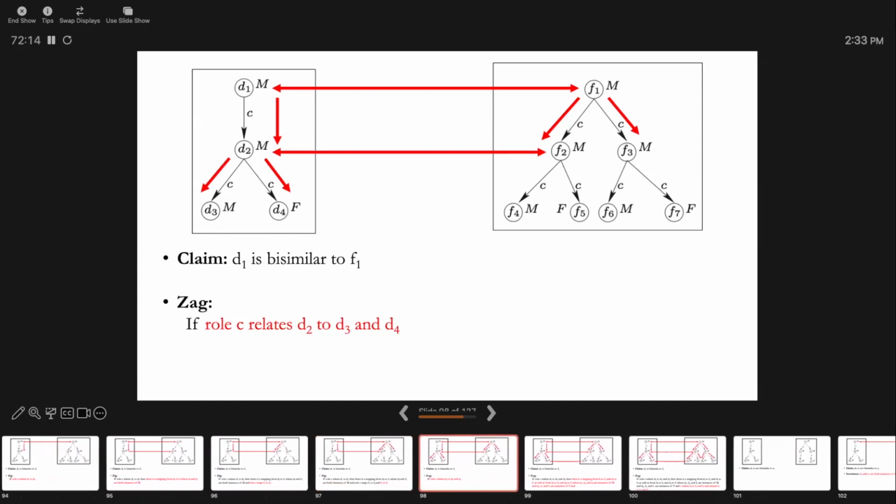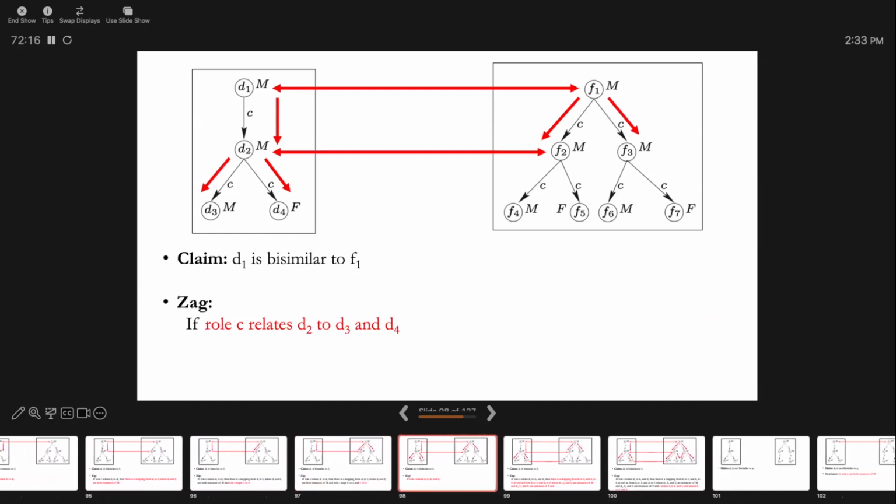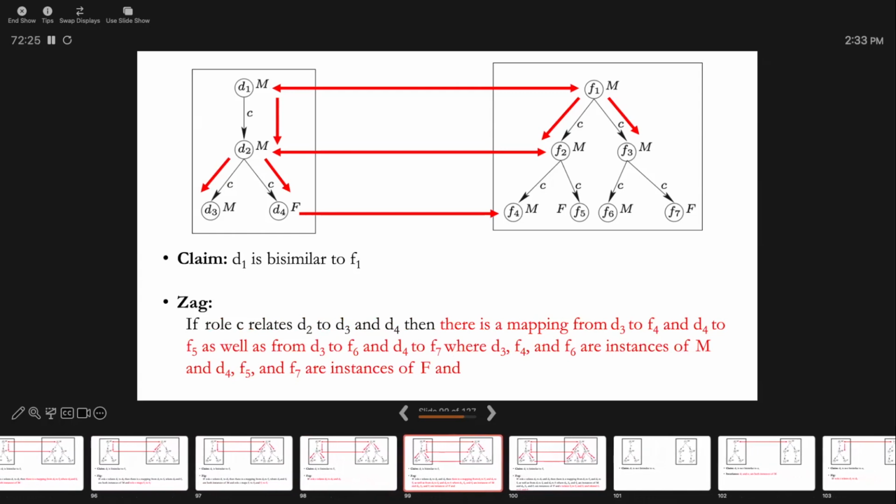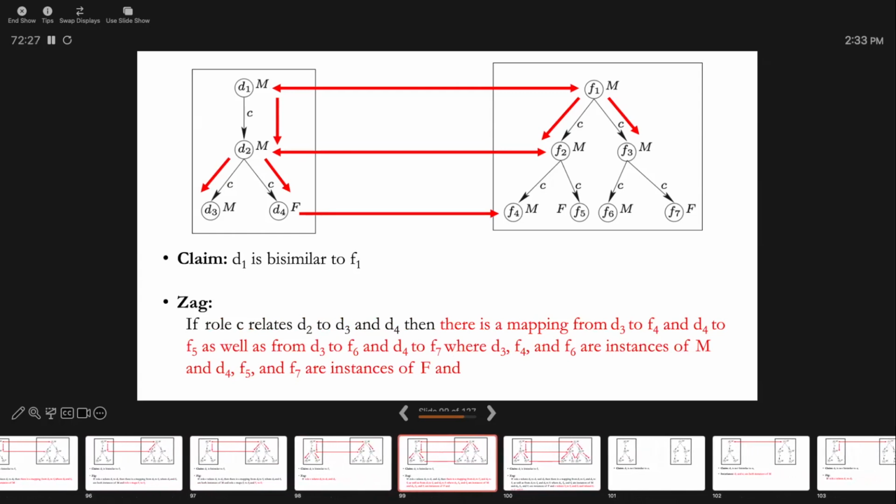Now, the zag direction. There are three steps: the invariance, zig, and zag. So zag, if a role C relates D2 to D3 and D4, like it does in this case, there has to be a mapping over to F4 from D3, and D4 to F5 as well, from D3 to F6 and D4 to F7, where D3, F4, and F6 are instances of M, and D4, F5, and F7 are instances of F, because that's what you see on the left-hand side.